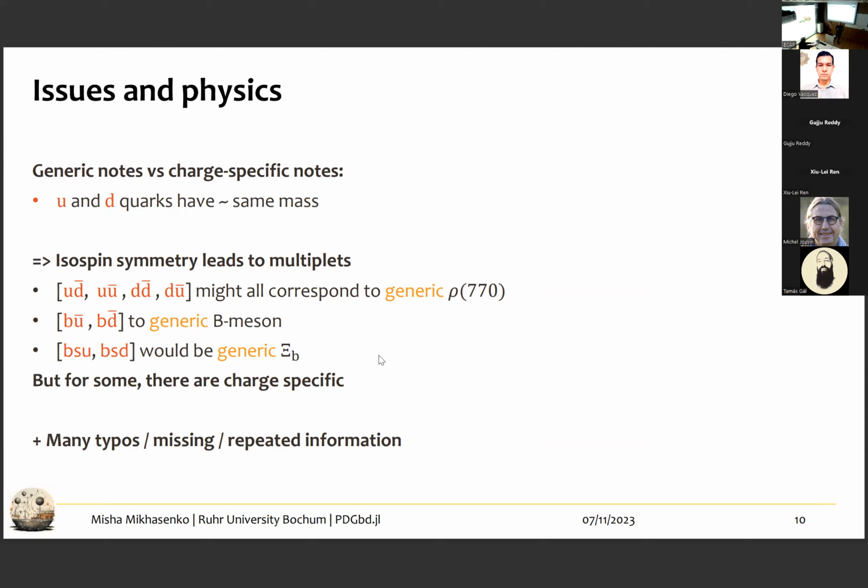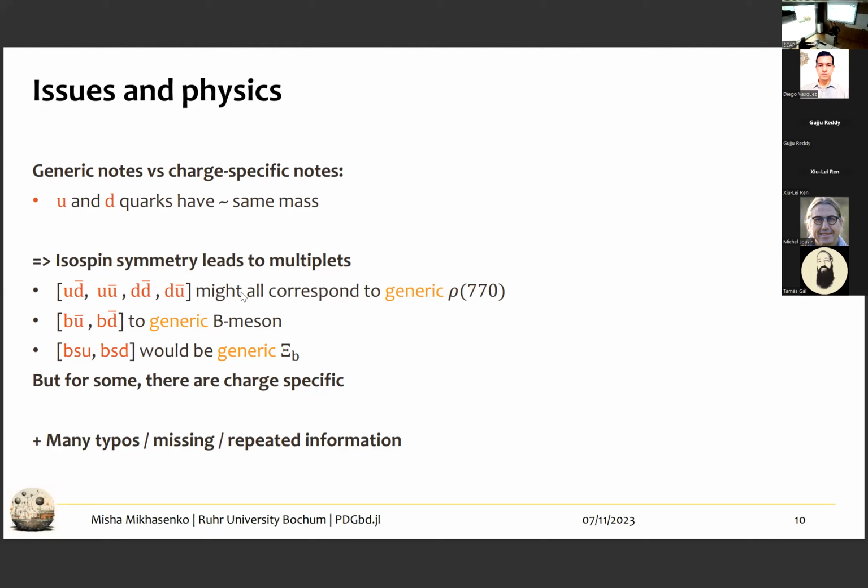That's why in PDG they encode it as one node. This generic particle has a collection of information that is common for both resonances. And it's the same for many particles that are sharing the same multiplet. So essentially UD, UU bar, DD bar, and DU bar, all the excited states for these configurations will have the same properties.